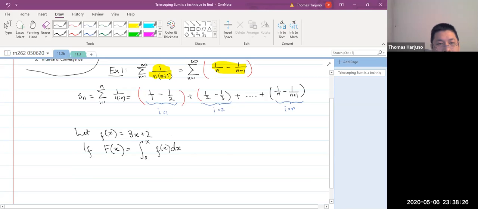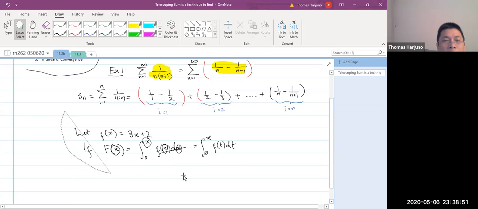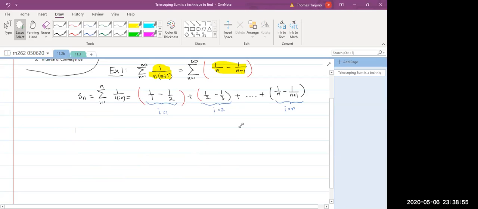Now you see, x here is the function's variable, so we cannot use x anymore inside. So in Calculus 1, your teacher is supposed to emphasize that it should have been written as f(t) dt. Variable of integration and limit of integration should not use the same variable. Now, the same idea here. It's just a different definition. Thank you.